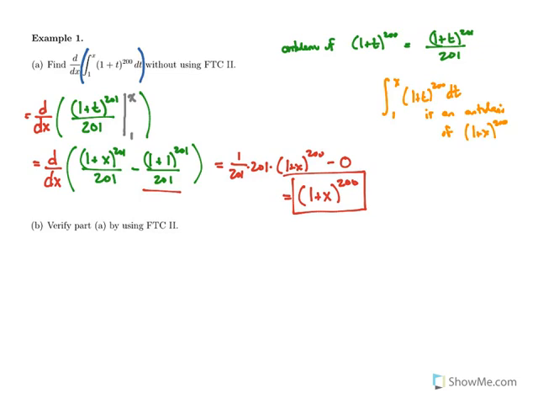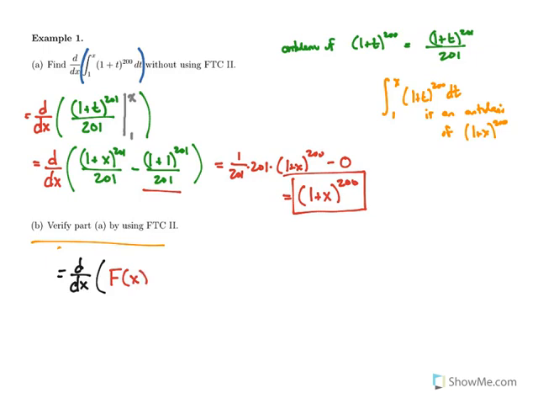Let's now use the fundamental theorem of calculus part 2 just to do this very quickly. And we kind of already said it, right? We can say that this is equal to the derivative of capital F of x.